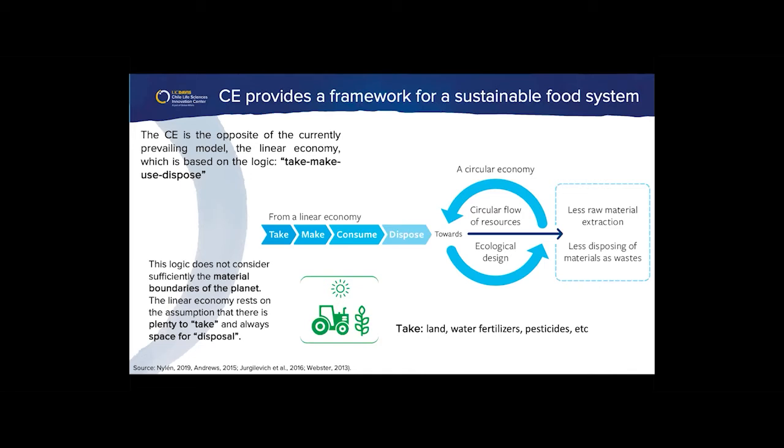There are not plentiful inputs to take, like water, fertilizers, pesticides. Those are limited resources, and there's also not infinite space for disposal. So today we are talking about a system that will promote closing the loops and creating cascades in order to make the most value of the resources, and of course, create less disposal of materials as waste.